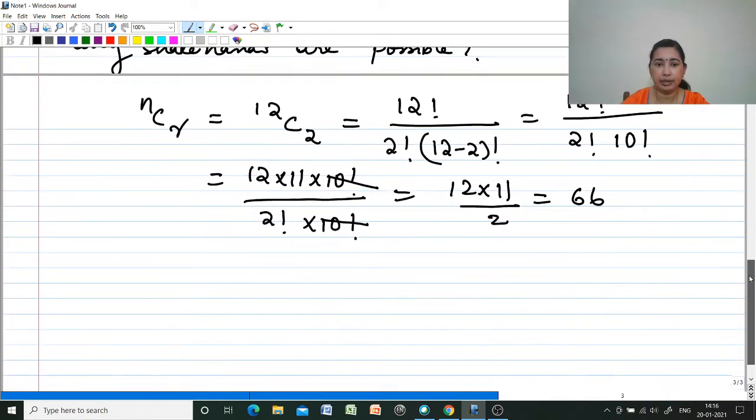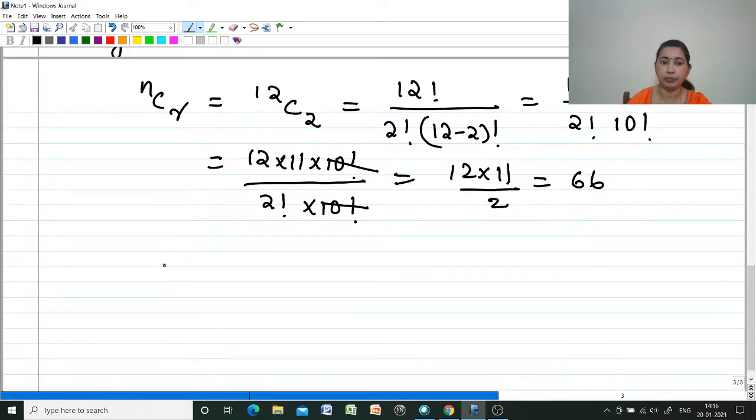There is another way of finding 12C2. For 12C2 we multiply starting from 12, decreasing the value, 2 times: 12 into 11. In the denominator we increase, starting with 1 and going up to 2.